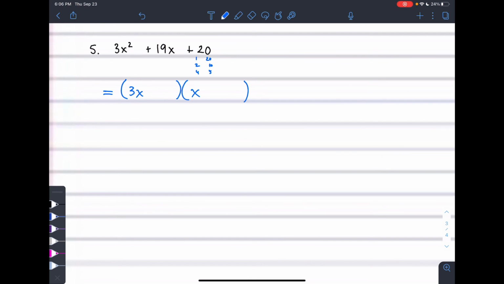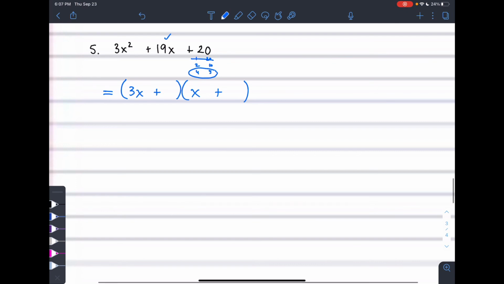So thinking of a combination, let's try 4 and 5 again. I have a good feeling with 4 and 5. I feel like when I check my work, I can somehow get 19x from that. Really quick, I know I can eliminate 1 and 20, because 20 is too large for it to become a 19.